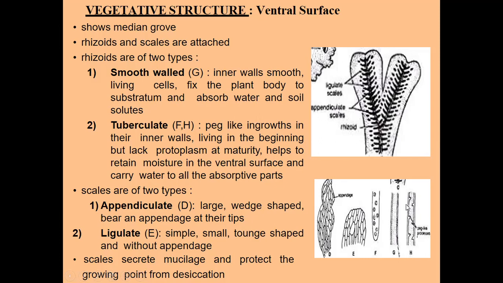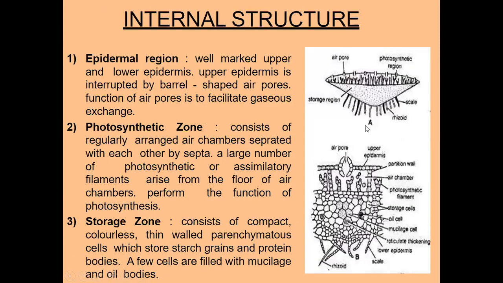So these are the two important points regarding the rhizoids, and they help in fixation and the absorption of water and minerals from the substratum. Now, when I talk about the internal structure, this plays a very important role. The internal structure of the thallus is differentiated into three regions: the upper epidermal region, the middle photosynthetic region, storage region, and the lower epidermal region.